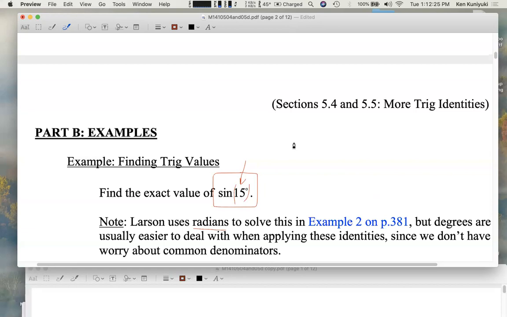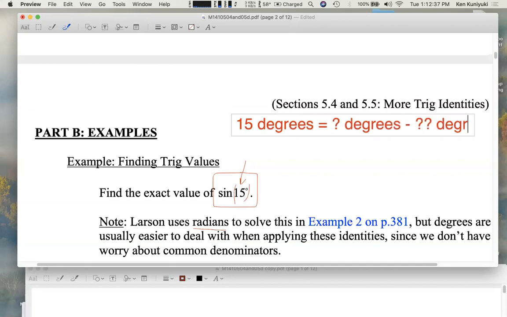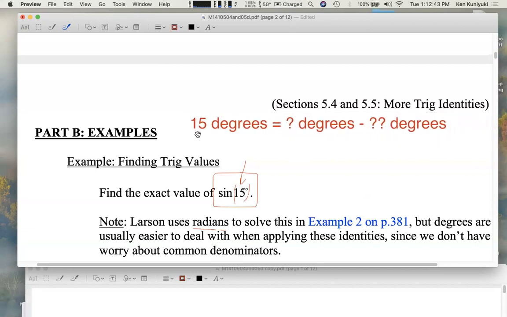Well, let's see. 15 degrees is equal to how many degrees minus how many degrees. There are infinitely many pairs of responses you could give. What would be some simple responses here?